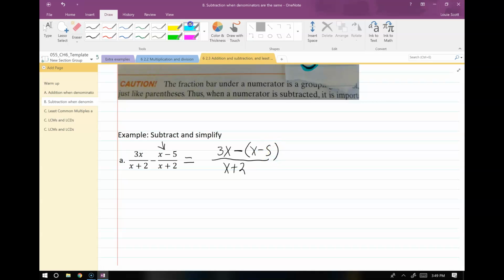This negative sign has to apply to both the x and the -5. So when you're writing out your subtractions, the numerator that's being subtracted gets wrapped in parentheses.